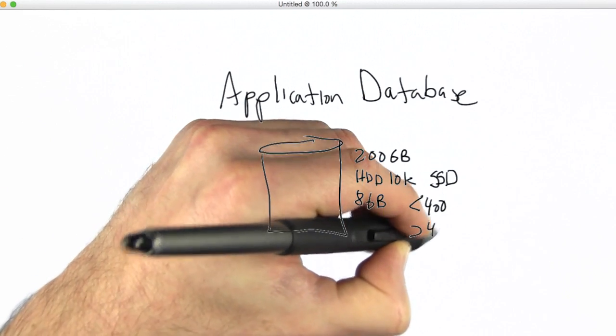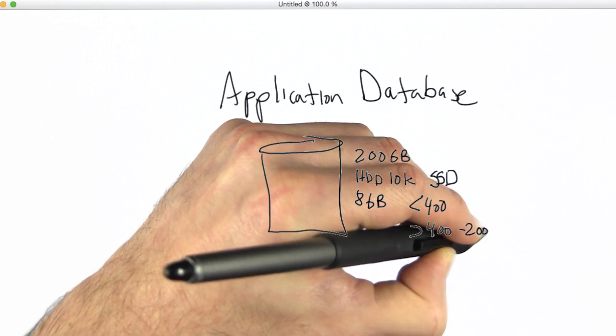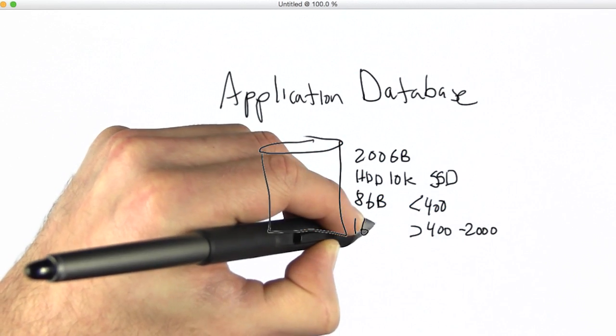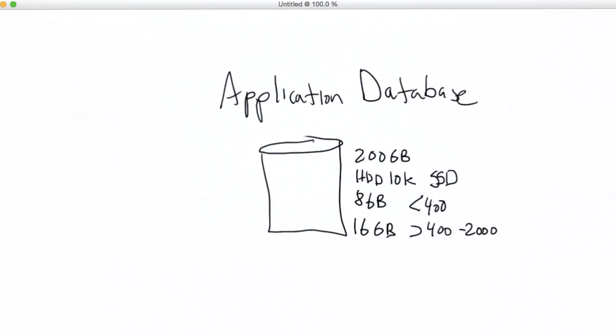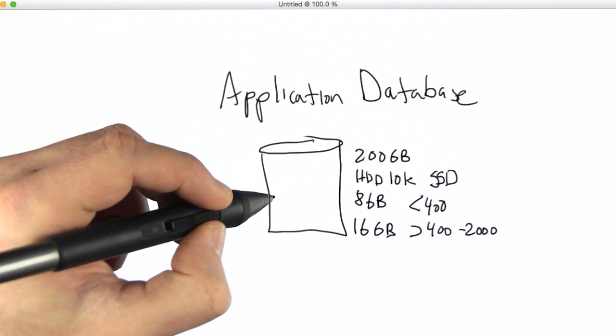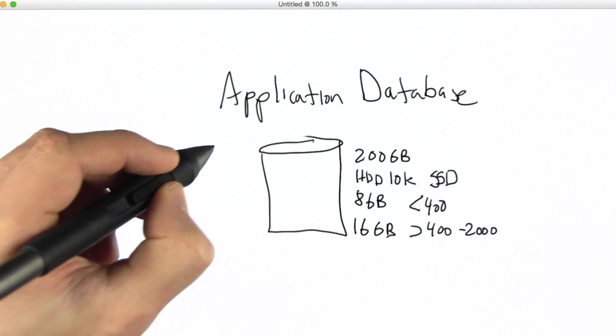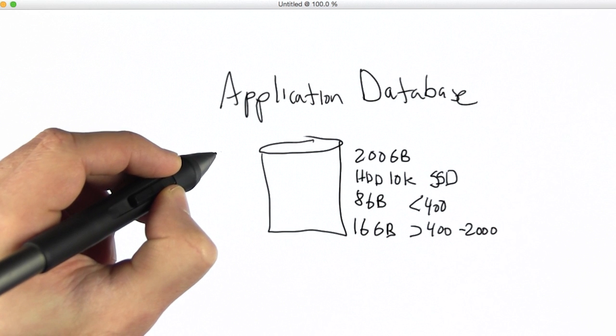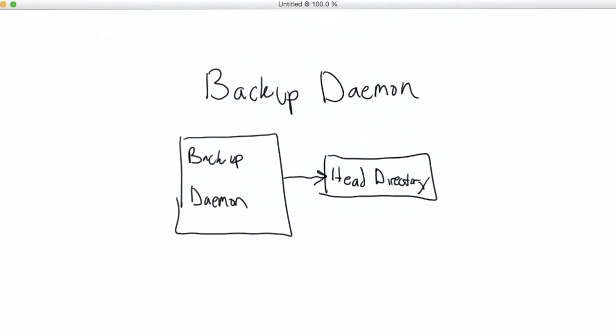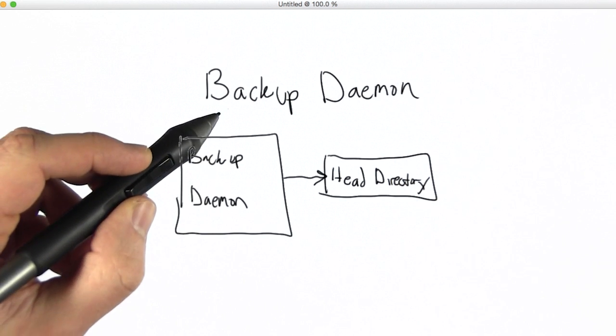For more than 400 hosts, up to 2,000 hosts, it is recommended that you have 16 gigabytes of RAM available. If you're going to be using more than 2,000 hosts, you could solve this problem by running a MongoDB sharded cluster.